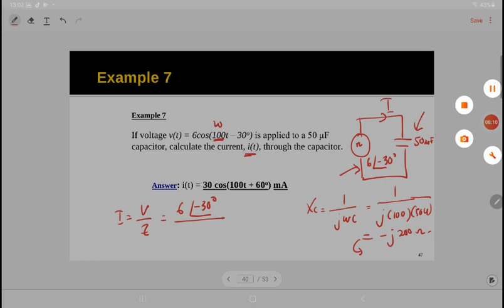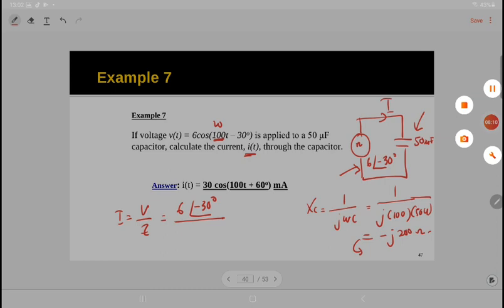The impedance Z of a circuit is the ratio of phasor voltage to phasor current. The unit for impedance is the same as the resistor, which is ohm.